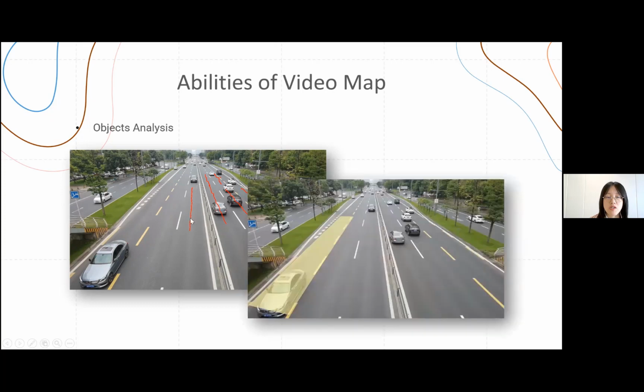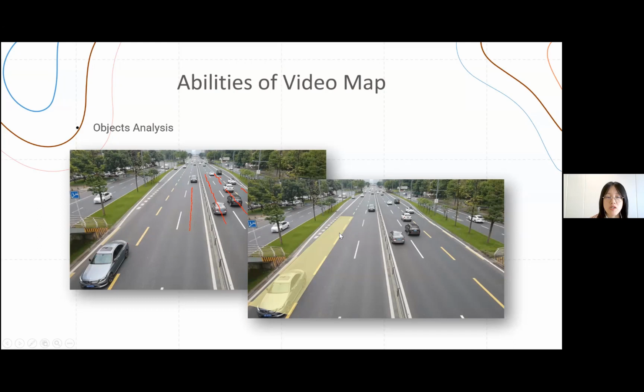Or here we can set a forbidden area on the road, and then we can recognize whether there are some cars that enter this forbidden area. If so, we can record the type of the car and then inform the owner of the car if necessary.